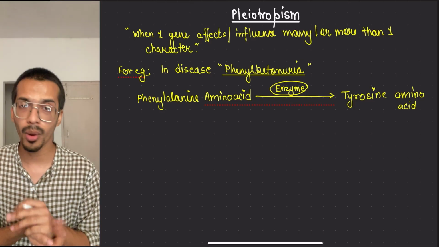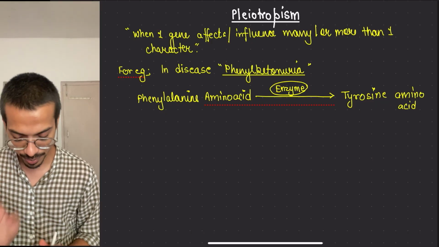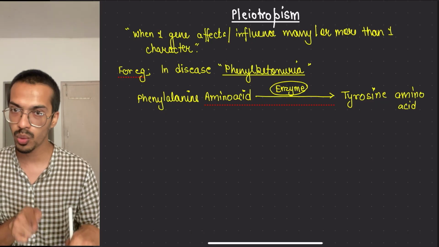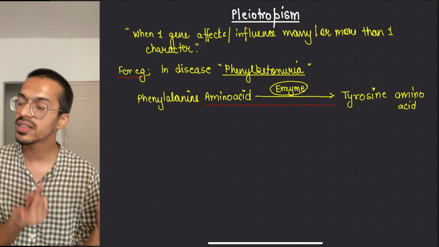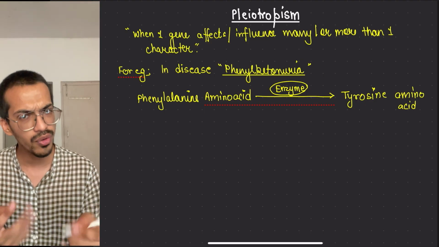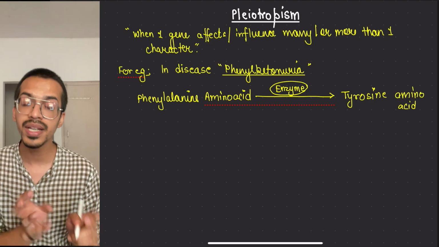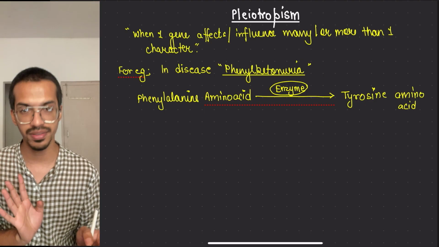Okay, this thing has to be changed into this thing in our body, because phenylalanine will cause certain problems. Now what happened, this enzyme which is required to convert it is defective. Maybe it's not forming or not forming properly because a certain gene is defective.